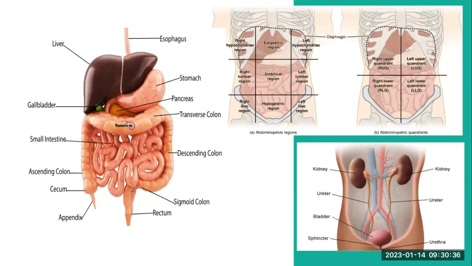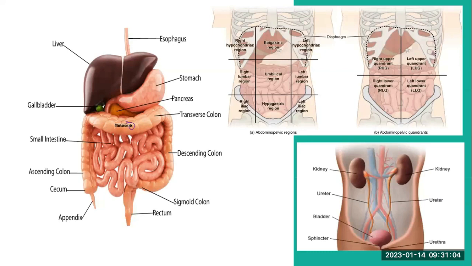Okay, and then of course in the middle we call it the umbilical region. Umbilicus, that means cái rốn của mình nó gọi là umbilicus. So the umbilical region means the area surrounding the umbilicus. Okay, and then the other one, we have the right iliac region, hypogastric region, and left iliac region.